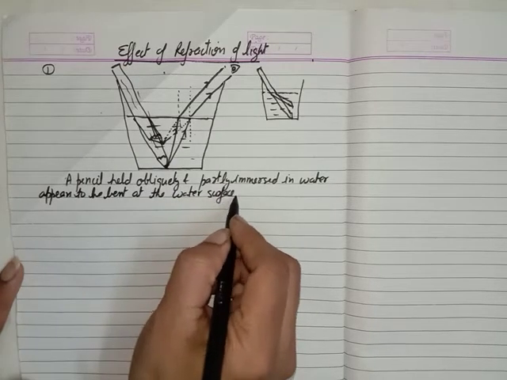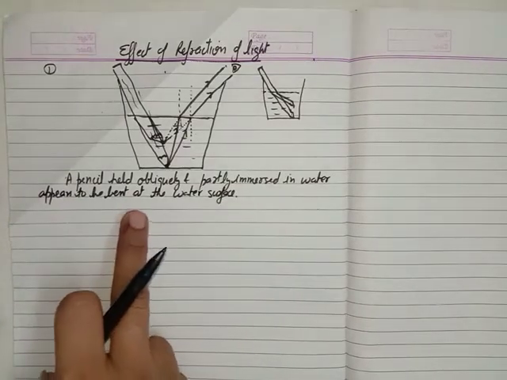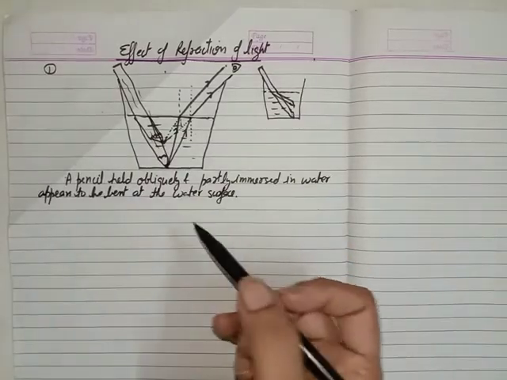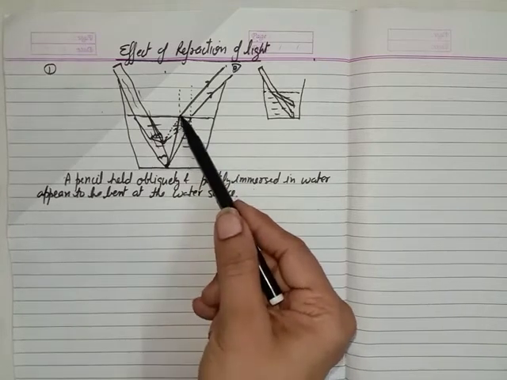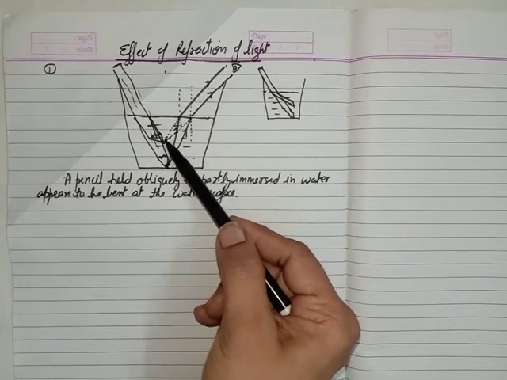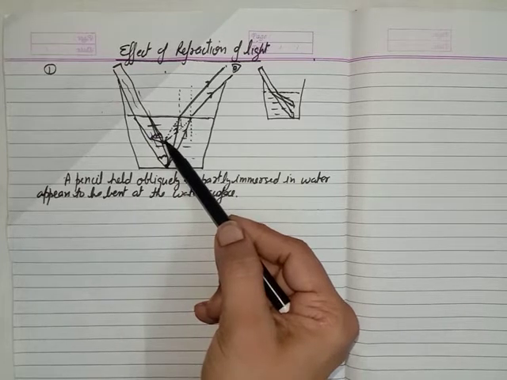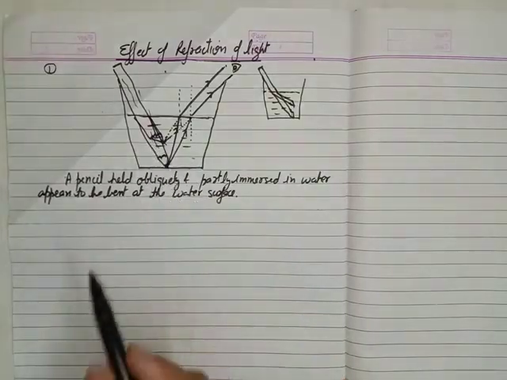So I have explained why this bending of the pencil takes place, how it appears to be bent. This is all due to the refraction of light. And when this light ray is moved backward, it appears to meet here. So we see that the tip of the pencil is here. So this is the bending of the light.